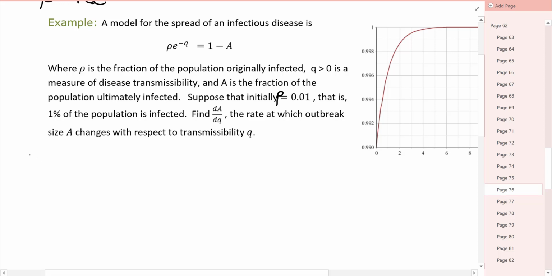Okay, so rho. So this is 0.01 e to the minus q equals 1 minus a.